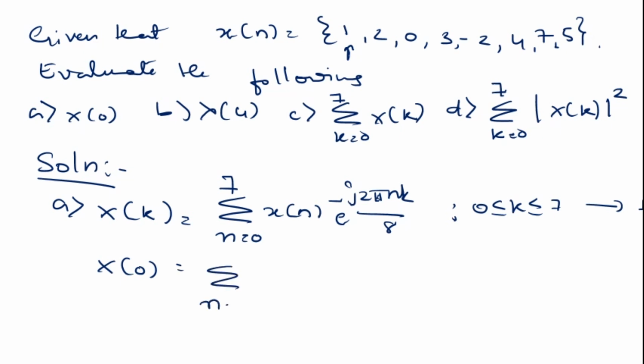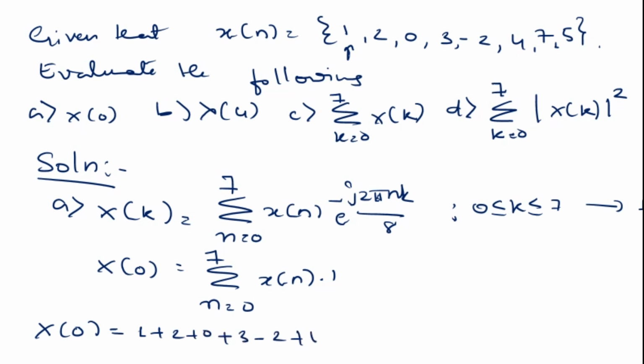Then the above summation becomes 0 to 7 x of n into e power 0 is 1. So we have to expand this. X of 0 is equal to 1 plus 2 plus 0 plus 3 minus 2 plus 4 plus 7 plus 5, which is equal to 20.